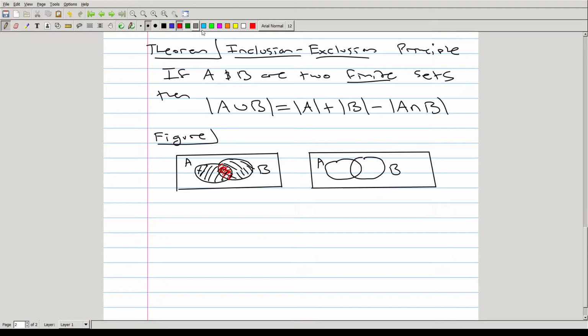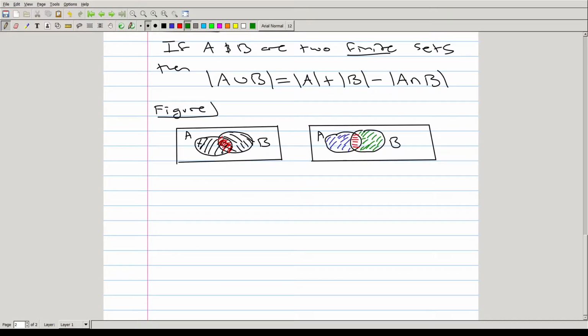We know that we can decompose the set A union B into three separate disjoint sets: A minus B, B minus A, and A intersected with B. So the proof of this inclusion-exclusion principle relies distinctly on this idea.